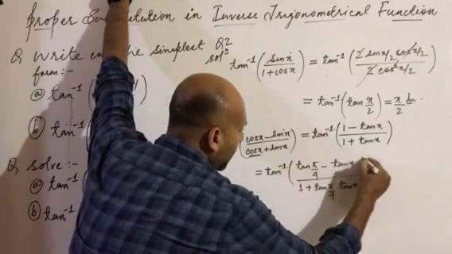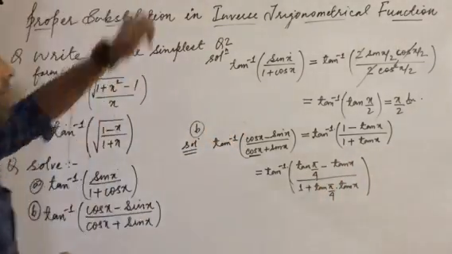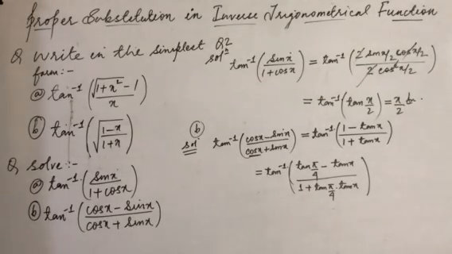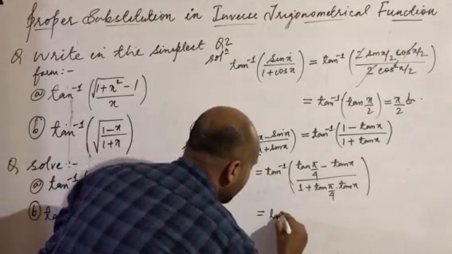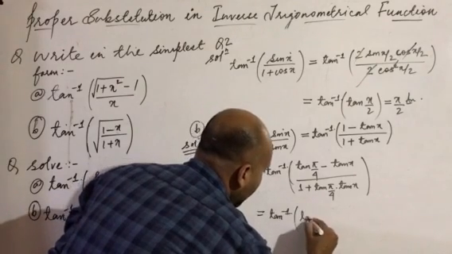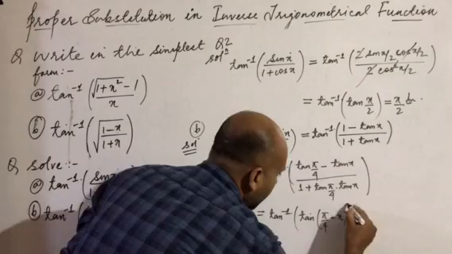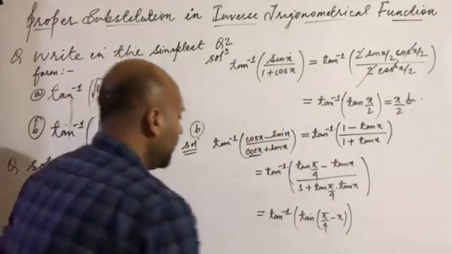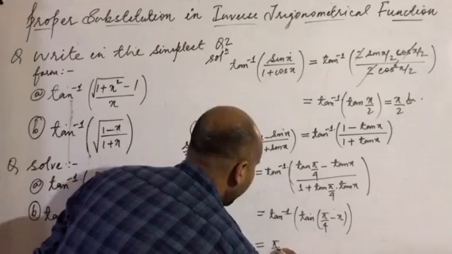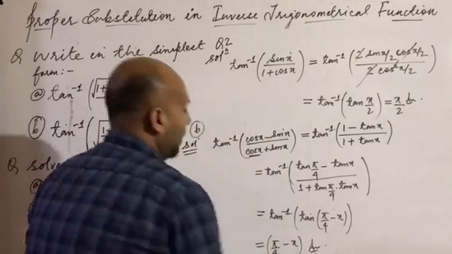Now children, you can see that the part in the bracket is in the form of the formula tan a minus tan b by 1 plus tan a into tan b, which is the formula for tan of a minus b. So this can be written as tan inverse of tan of pi by 4 minus x. Is it clear? Now you can see that tan inverse and tan we can remove, and then in the very next line I can write the answer pi by 4 minus x. This is your final answer.